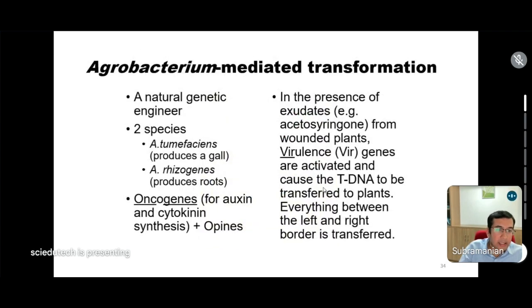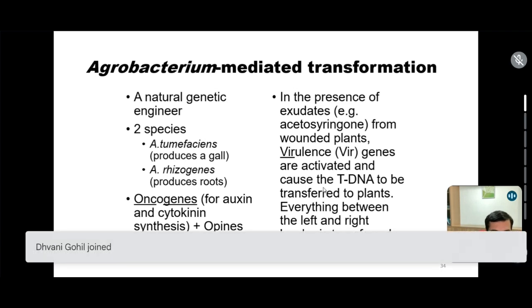So there are two different species of agrobacterium. One is Agrobacterium tumefaciens, which produces a gall, and the other is Agrobacterium rhizogenes, which infects the plant roots. We'll just focus on Agrobacterium tumefaciens today.